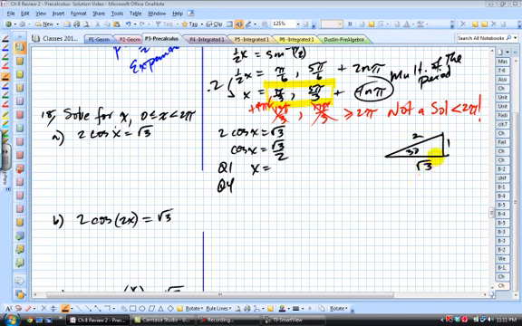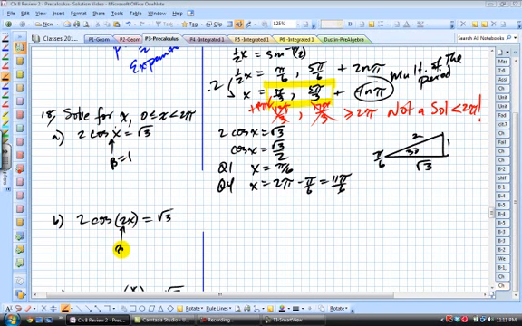So cosine of 30 degrees, or pi/6, is equal to root 3 over 2. So it's pi/6 here. And this is 2 pi minus pi/6, or 11 pi/6 for this one here. 2 solutions only, because b here is equal to 1.